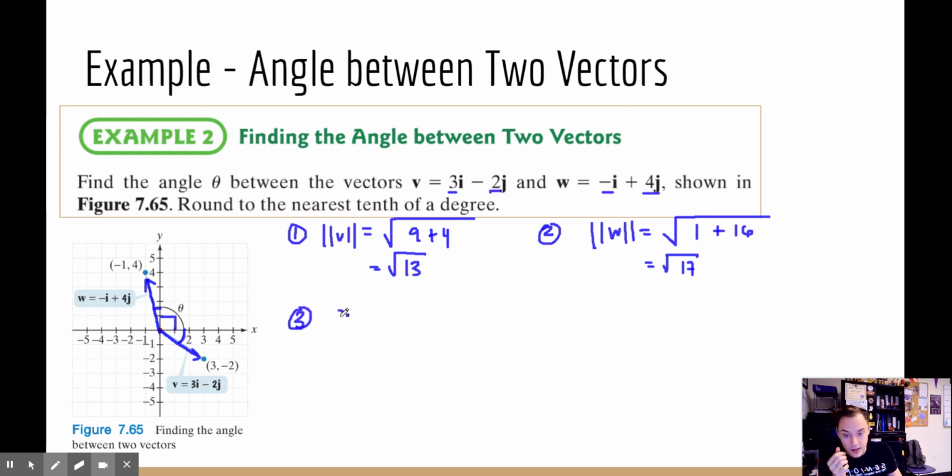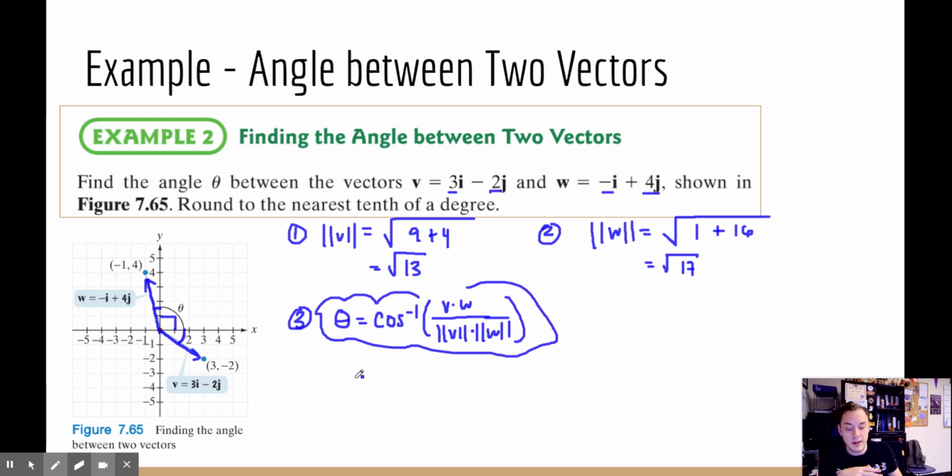Theta equals the inverse of cosine of vector v times vector w, which is my dot product, on top, all over the magnitude of v times the magnitude of w. This is the formula from my last slide.